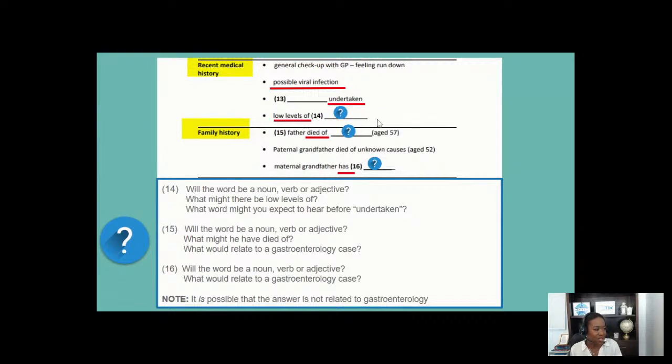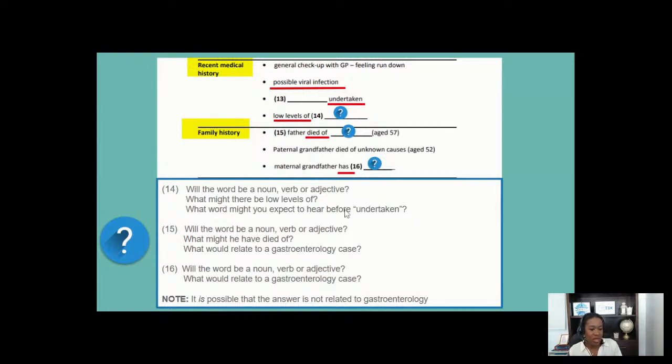Will it be an adjective? So it's low levels of something. So we know it must be a noun. Then we can think of what things might there be low levels of? That can activate the mind to think of suitable words there.